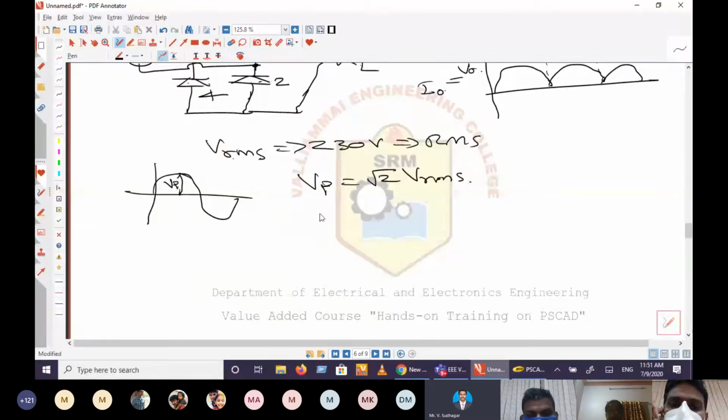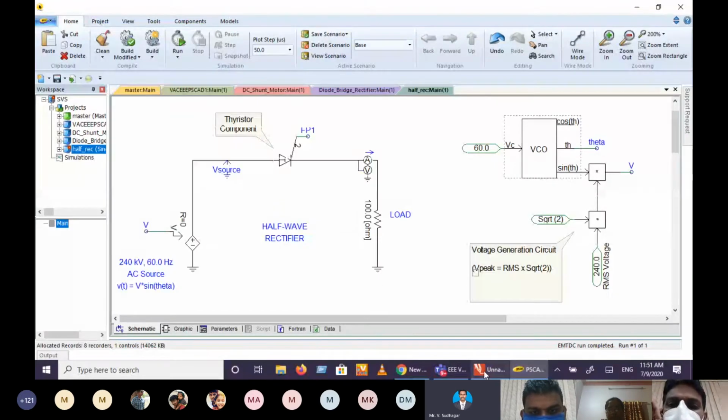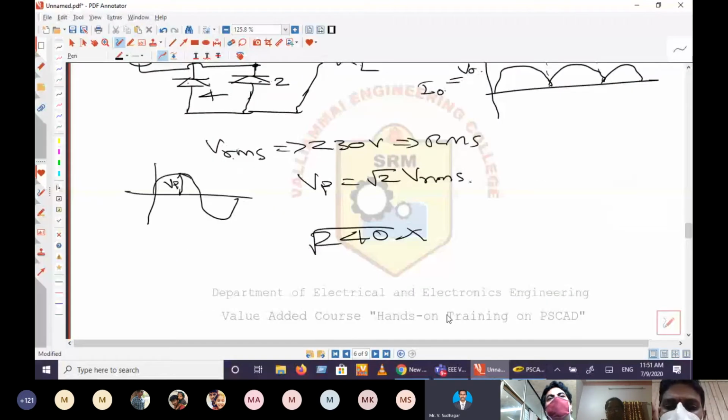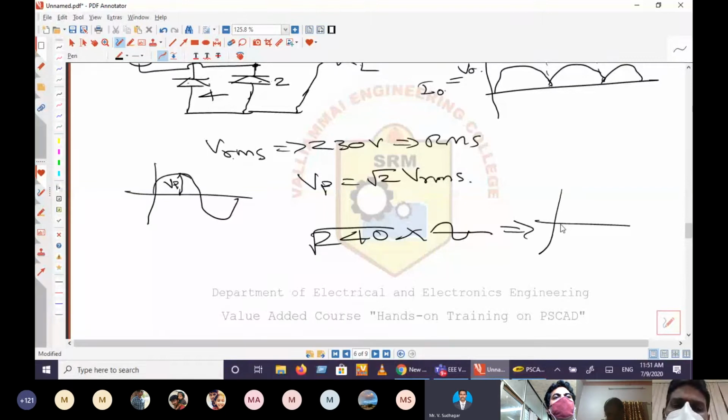We will get 240 square root, right? So this is multiplied with the sinusoidal supply, and we will get the sinusoidal supply having a peak value 240 into root 2.